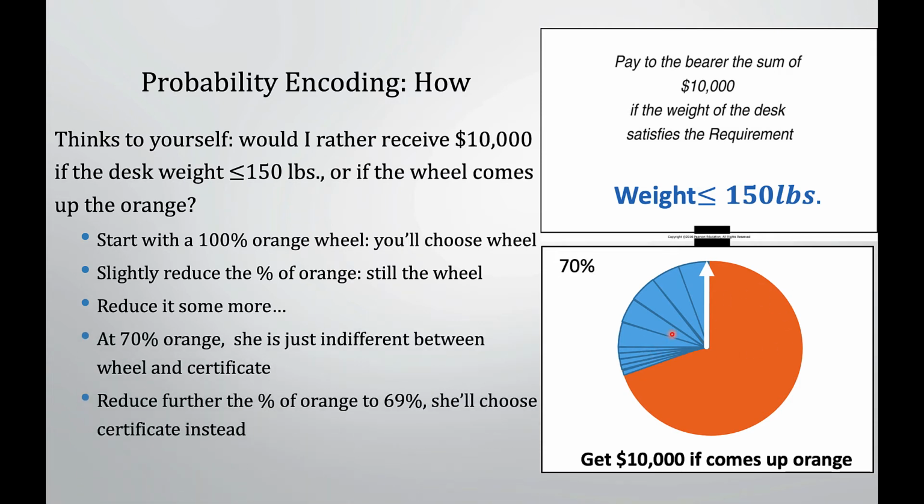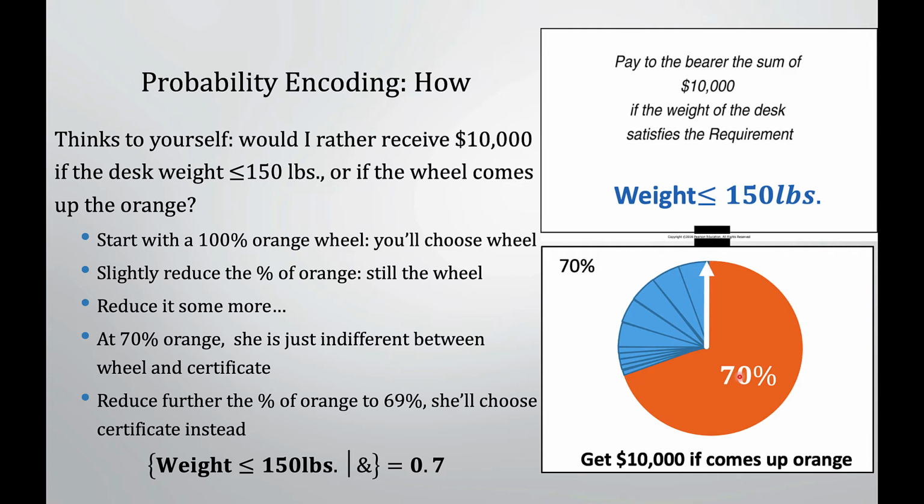So that actually means that the probability that I assign to this event should be equal to the probability of winning $10,000 over here, right? I win $10,000 if this happens. I win $10,000 if orange comes up.